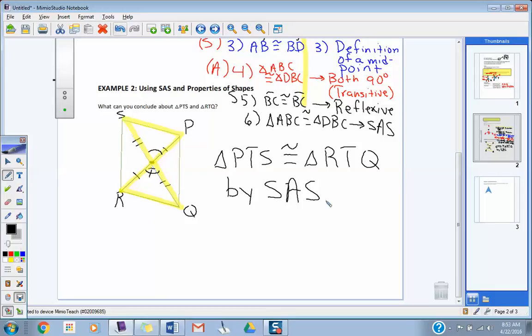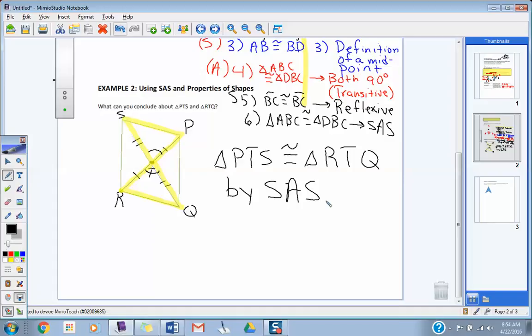They gave you the sides, didn't they? Yep, they did. And we know enough about intersecting lines to know, hey, if you have intersecting lines, vertical angles are going to be congruent. So you should be good to go here, right? Okay, do you understand this side angle side idea? That's my question. Yes.